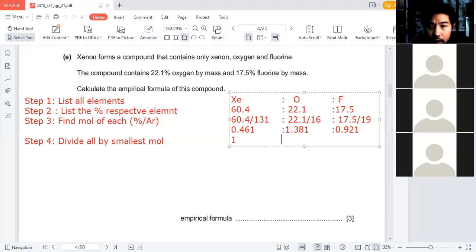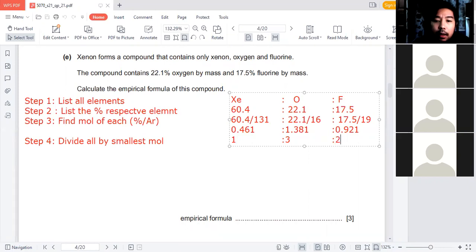Then 1.381 divided by 0.461 is about 3, approximately, rounded off. And 0.921 divided by 0.461 would be 2.